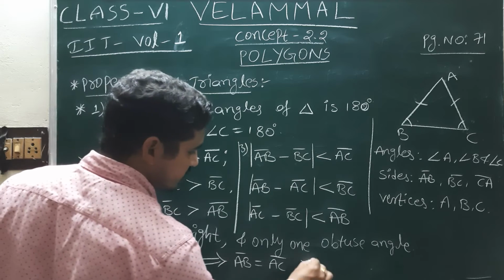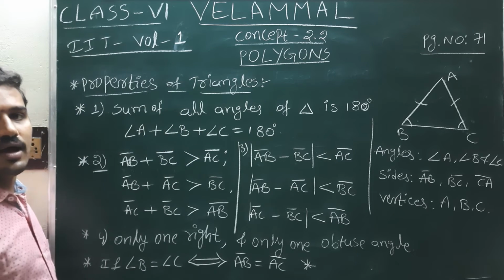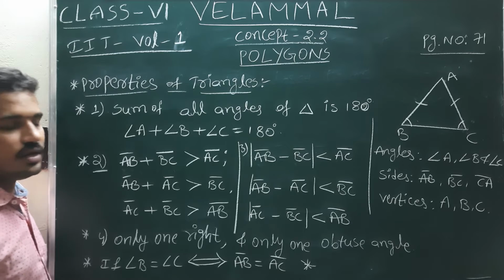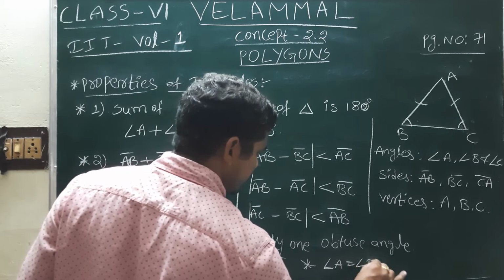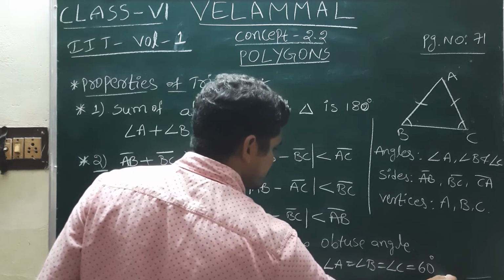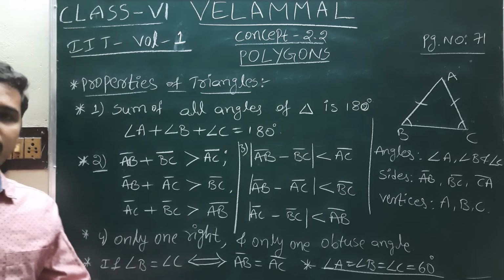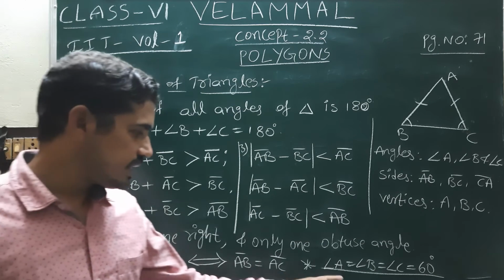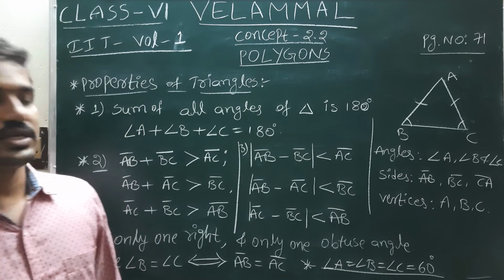And the last one we have is, in an equilateral triangle, all angles will be equal, and those are: angle A is equal to angle B is equal to angle C is equal to 60 degrees. If it is an equilateral triangle, then all angles will be equal to 60 degrees.